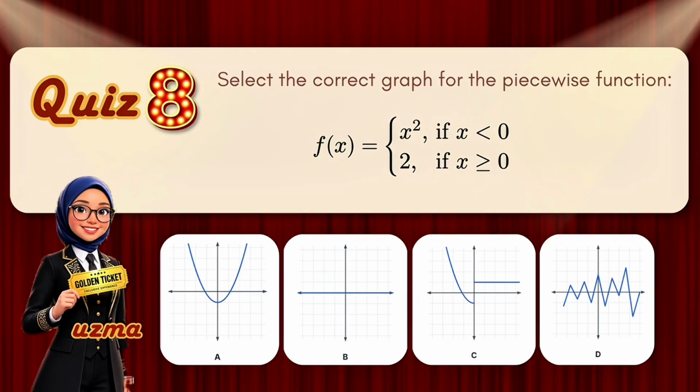For all values of x to the left of the y-axis, x less than 0, the graph should follow the parabola of x squared. For all values of x to the right of the y-axis, including x greater than or equal to 0, the graph should be a flat horizontal line at y equals 2.